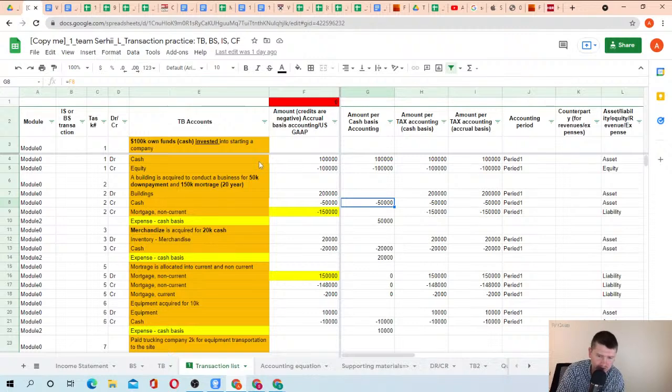So we have 50,000 outflow of the cash, and we do not recognize assets. I call that kind of a support account, expenses, cash basis. So I recognize these 50,000 as expense on a cash basis.